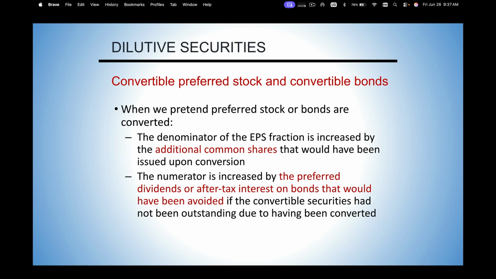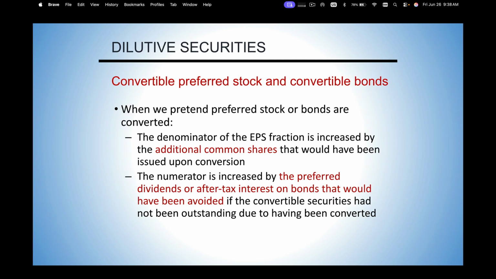We'll do that in just a second, but the effect of this pretend conversion on preferred stock and on bonds is that the denominator is increased. That is, the number of shares outstanding is increased by the number of common shares that it's converted into. The numerator is also increased by the preferred stock dividend that would be avoided if they converted to common stock.